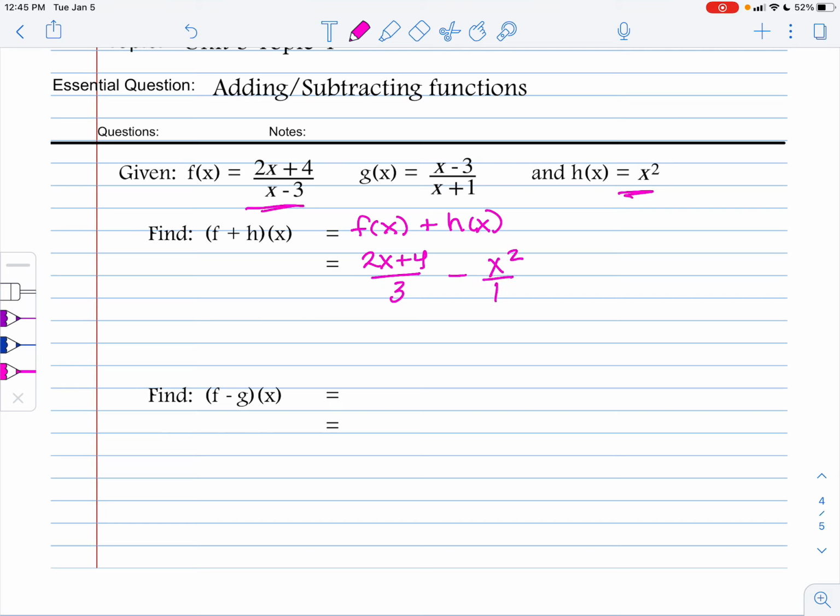And when we don't have a denominator, we put it over 1. And then we ask ourselves, what is our common denominator? Our common denominator is x minus 3. A number times 1 is itself. So here we are missing that.